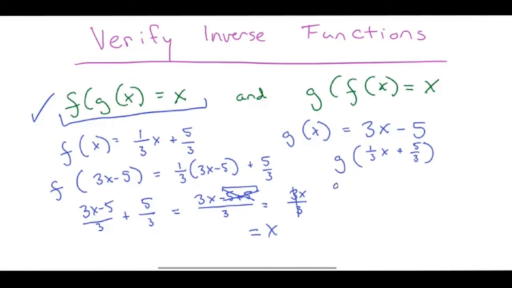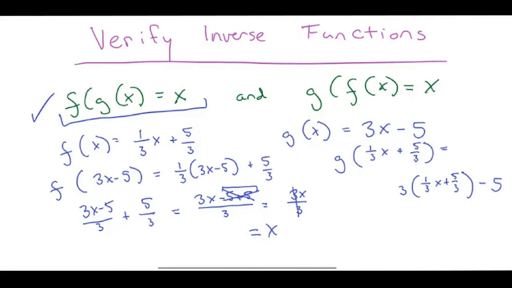So this is equal to 3 times 1/3 x plus 5/3, minus 5. We replaced this x with this. Okay.